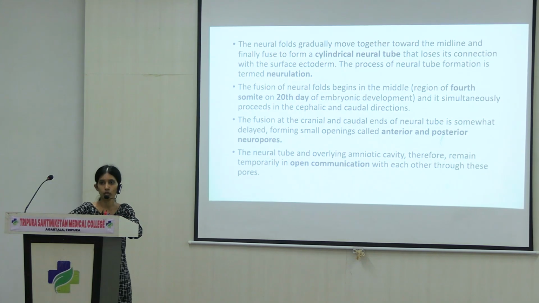Any idea about somites? What are somites? How many pairs of somites are present? In which week or on which particular day can we see the somites? Can anybody define somites?